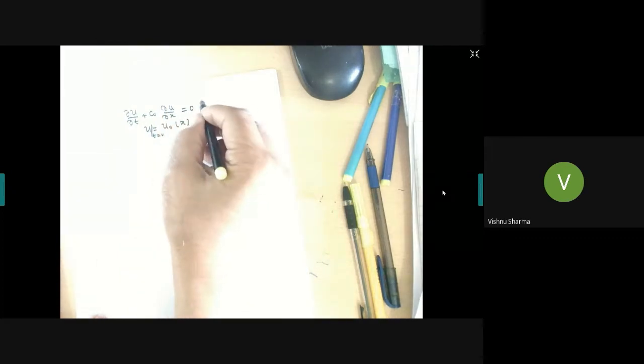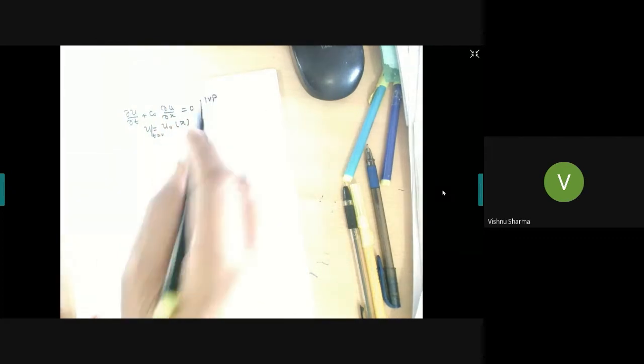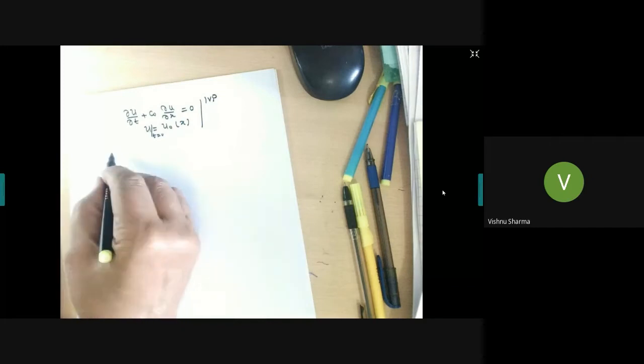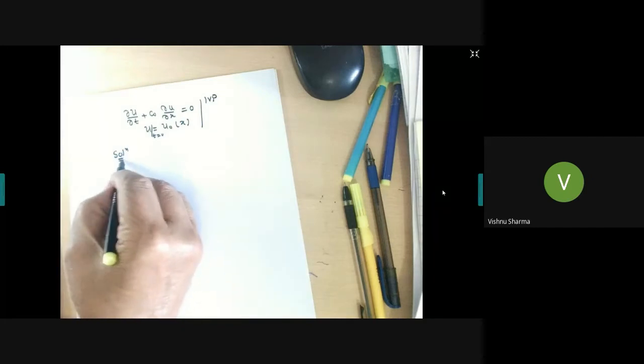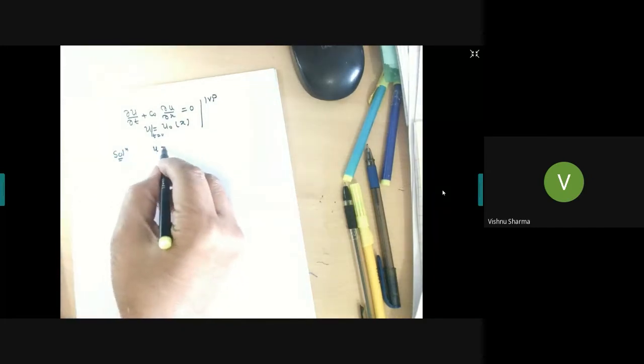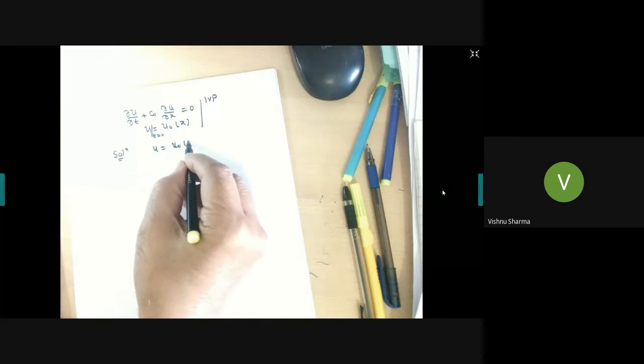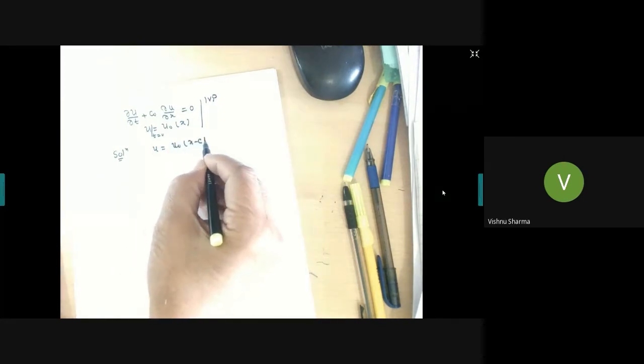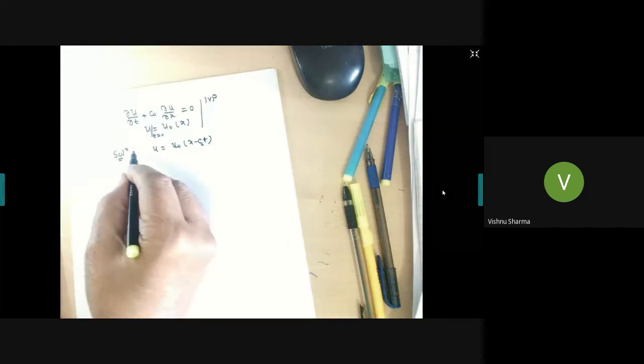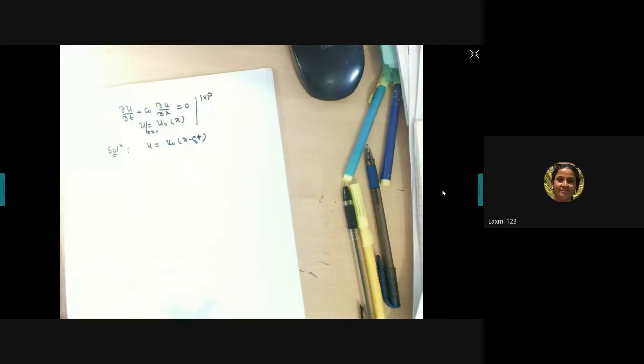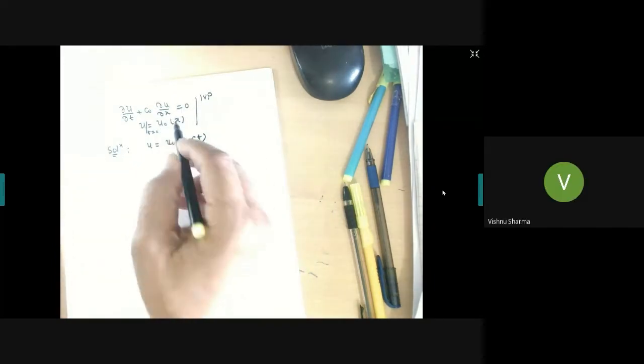This is your initial value problem, and it has a unique solution, which is u equal to u naught of x minus c naught t. Is that right? At t equal to 0, u is equal to u naught of x.